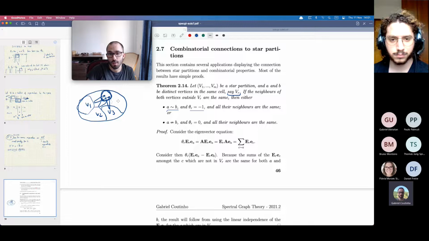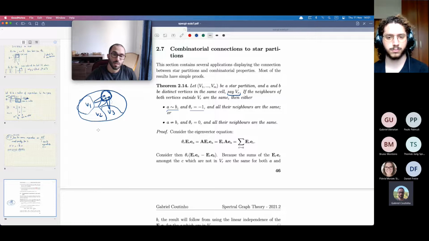Okay, so this is a very strong restriction. If the vertices have the same neighbors outside of their cell, you already know which is the eigenvalue, and how they look like. Well, let's see the proof first, and then we discuss.